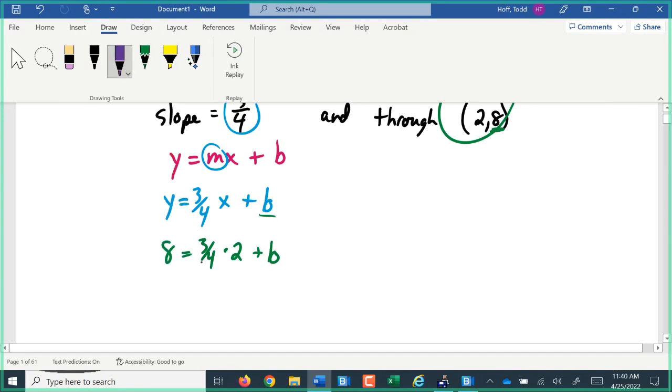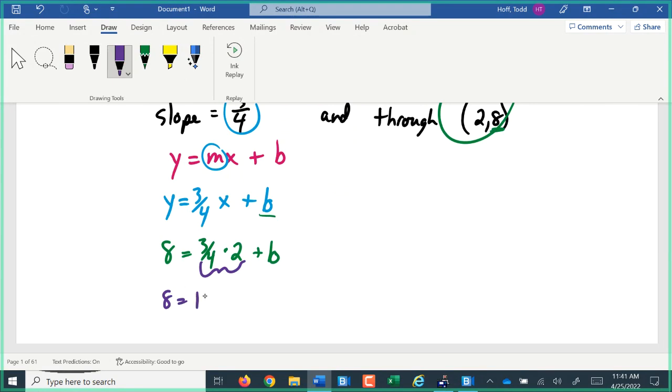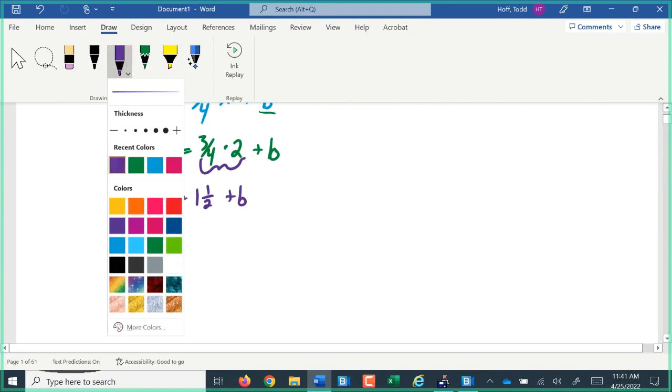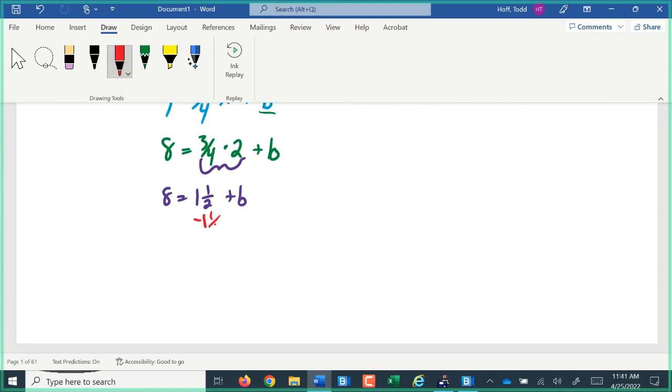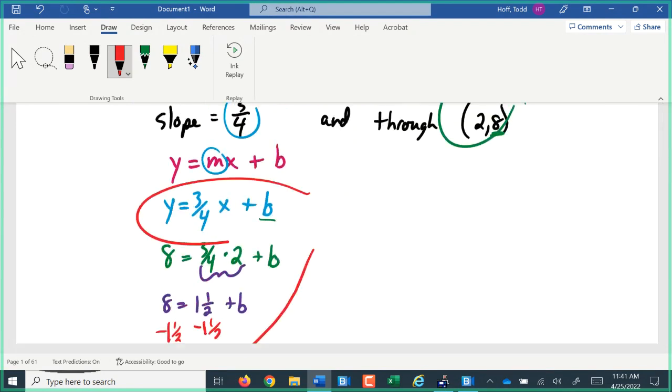We combined the 3/4 times 2. 8 equals 1.5 plus b. And then we subtracted 1.5 to find b. We get 6 and 1/2 equals b. So that meant we could replace the b in this equation, y equals 3/4 x. Instead of plus b, it's plus 6.5.